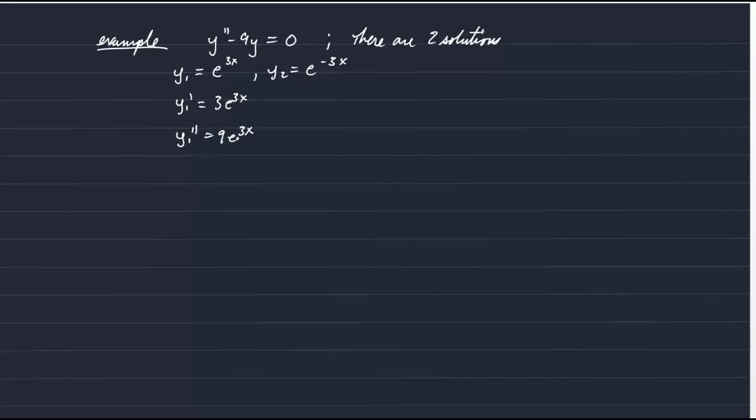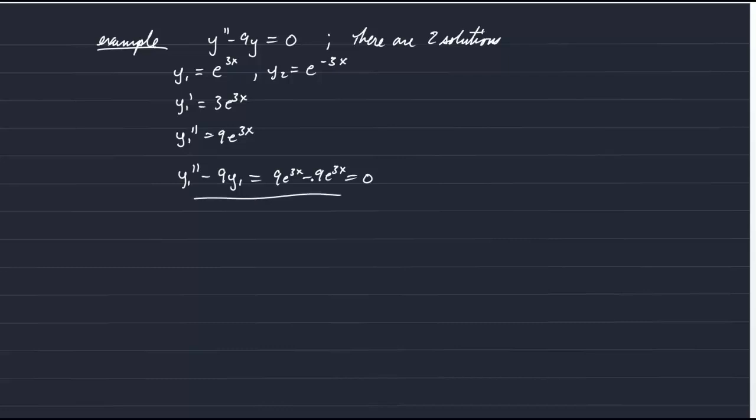And therefore, when we subtract 9y1 from its second derivative, that is y1 double prime minus 9y1, we get 9 e to the 3x minus 9 e to the 3x, and indeed that's equal to 0.